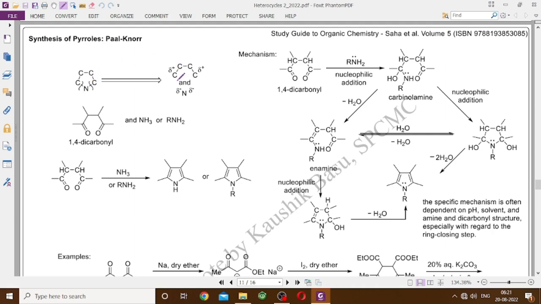That will generate a fragment which will be electrophilic at both ends, and I have to have a nitrogen which will act 2 times as a nucleophile.